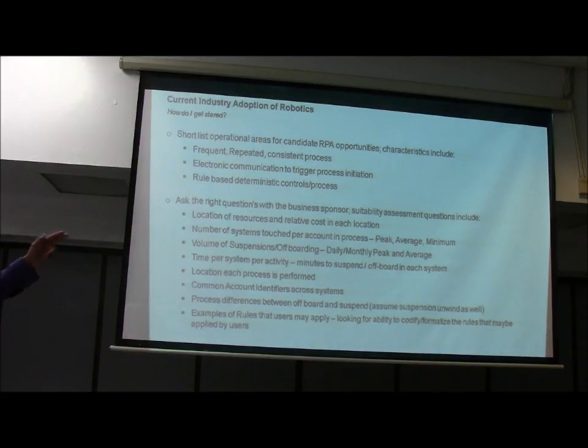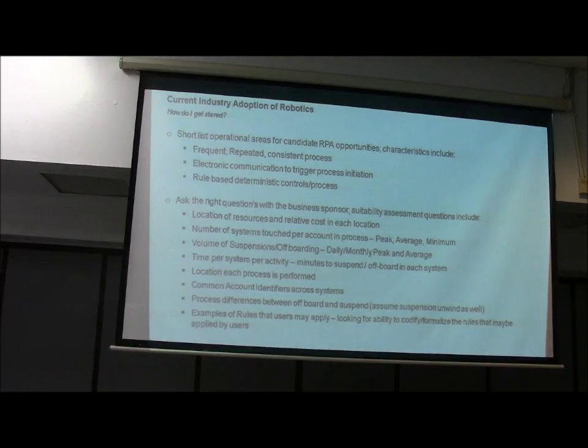What you would look for within lines of business across an enterprise are characteristics: frequent, repeatable, consistent processes, electronic communications that trigger process initiation, and rule-based deterministic controls and processes. Remember, fixed controls. These are the kind of things that you want to profile and think about as you're engaging with certain business lines. Then ask the right questions.